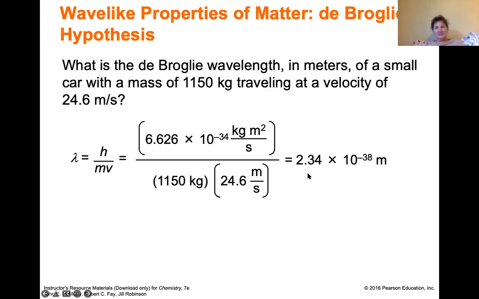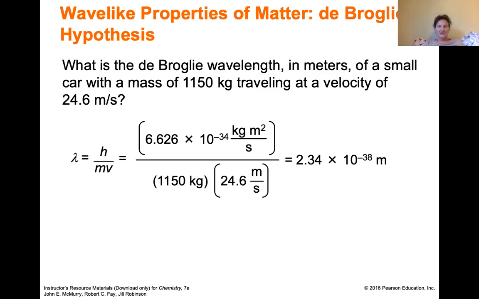And then you want to think about this. The wavelength of a particle is really a measure of the uncertainty in the location of that particle. So if you look at this, a car is a pretty big particle, and the uncertainty in finding it in a specific location is 10 to the minus 38 meters. That's insignificant. So a car doesn't act like a quantum particle.